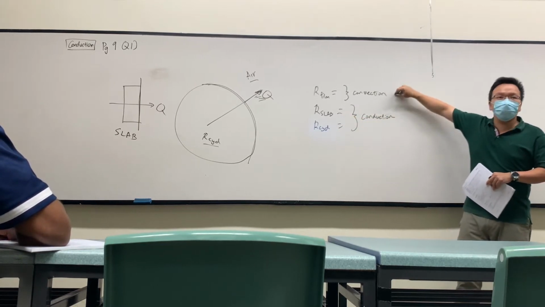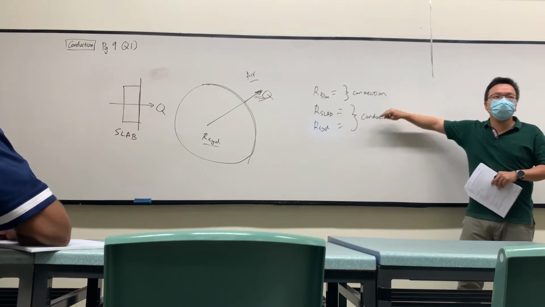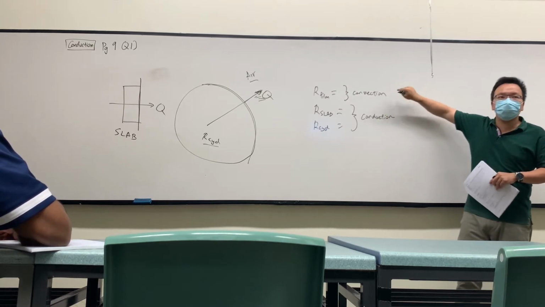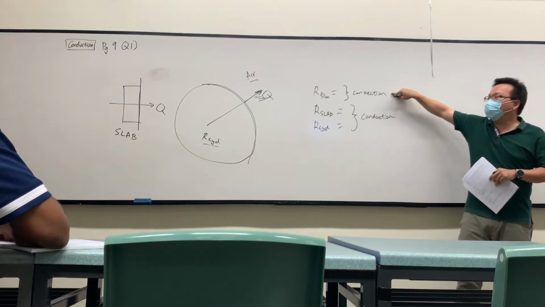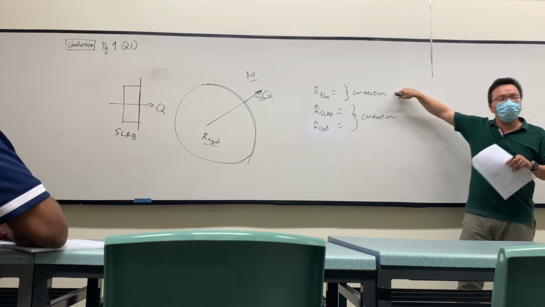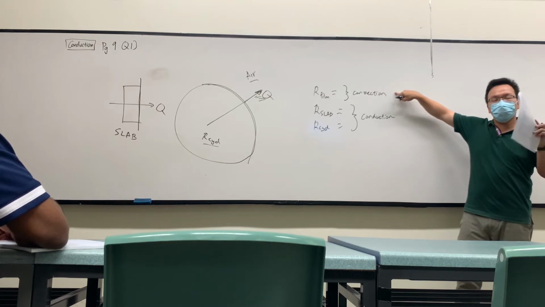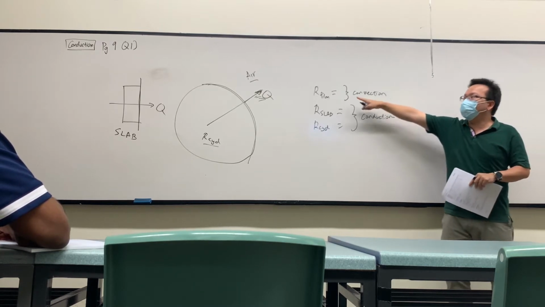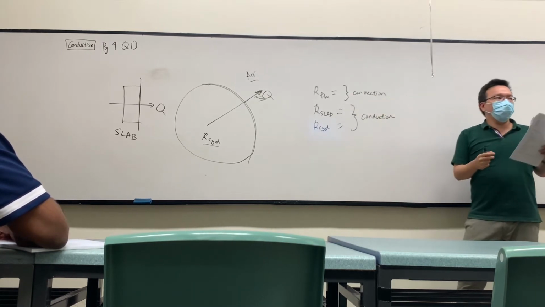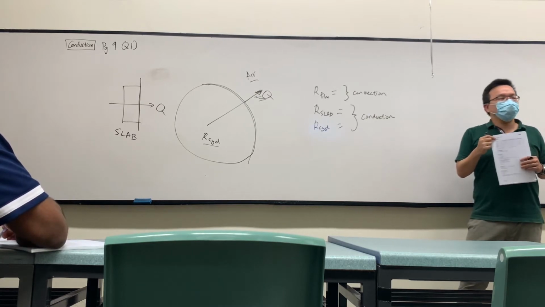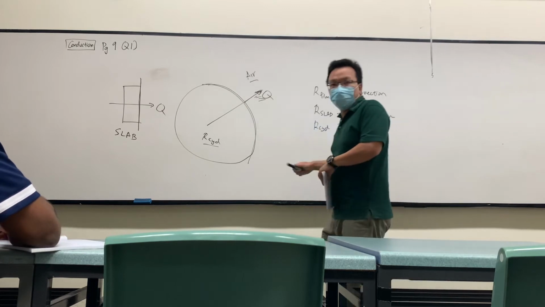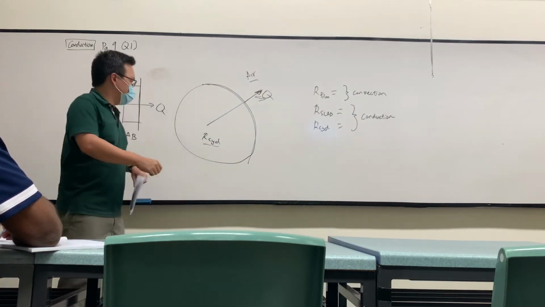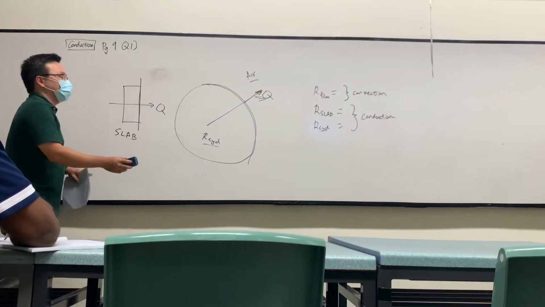But for convection, we don't care if it's a slab or cylinder. We use the same equation. Are we clear? You will use one universal formula for convection. All clear with that? Okay, good. Can I erase that? Then I want to start the equation.